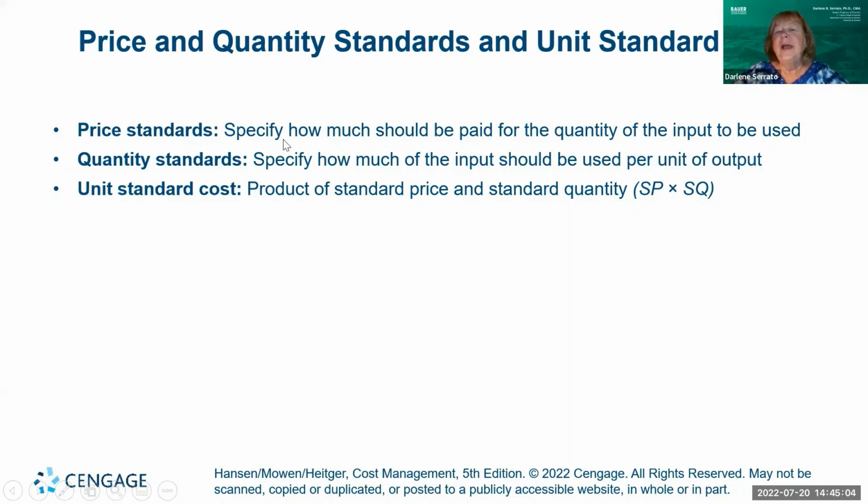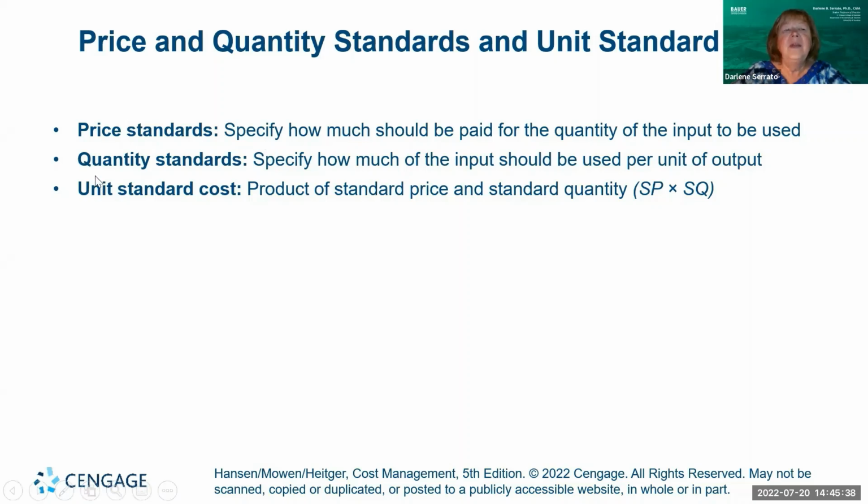The standard price is how much we should pay for 1 unit of input. So if we're talking about direct labor hours, it's how much we should spend for 1 direct labor hour. If we were talking about making shirts, the direct material input would be fabric. So it would be how much should we pay for 1 yard of fabric.